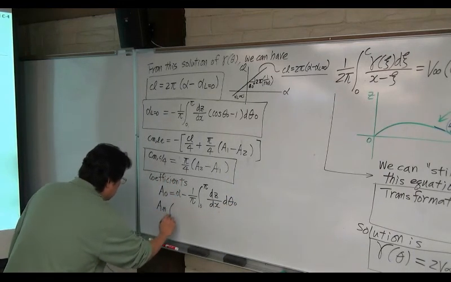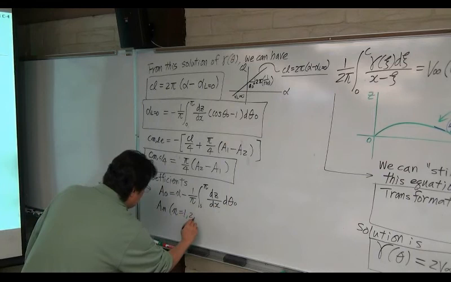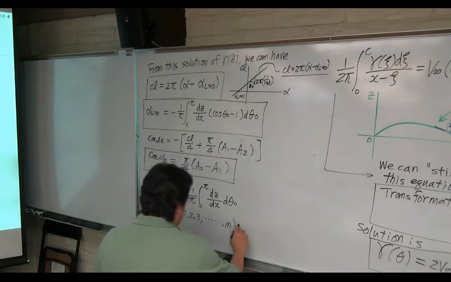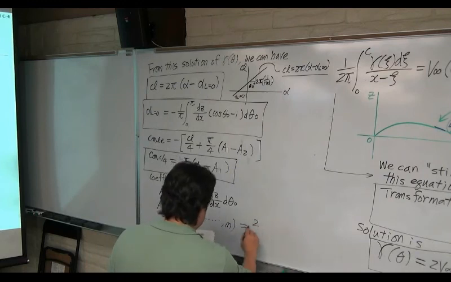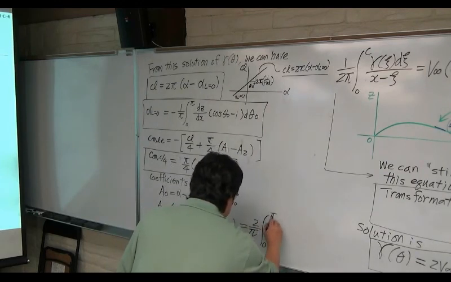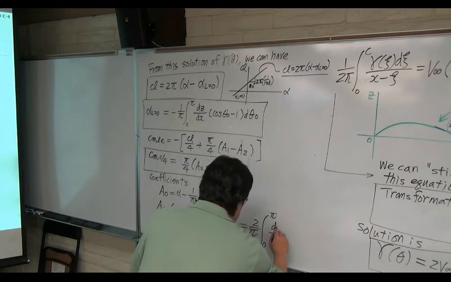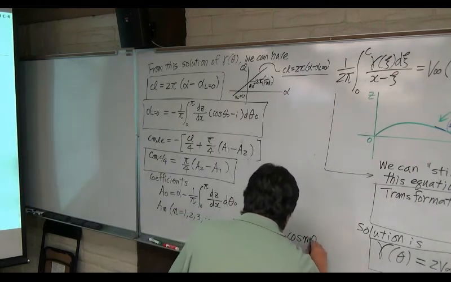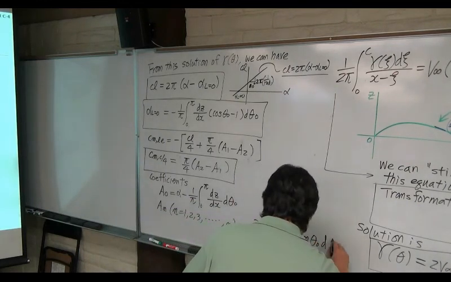Coefficient An, n equal to 1, 2, 3, up to n, is equal to 2 divided by pi integral from 0 to pi of dz/dx cosine of n theta 0 d theta 0.